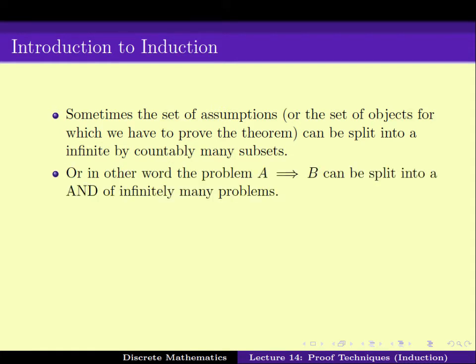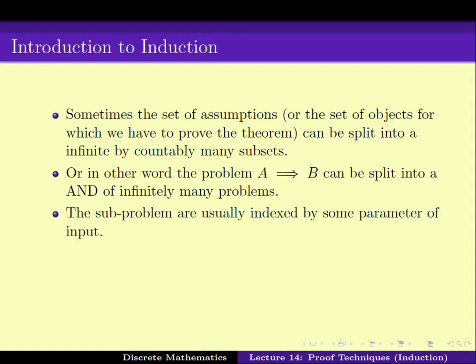So in other words, when proving A implies B, we can split A, or this whole problem, as an AND of infinitely many problems. These sub-problems are indexed by some parameter of the input.